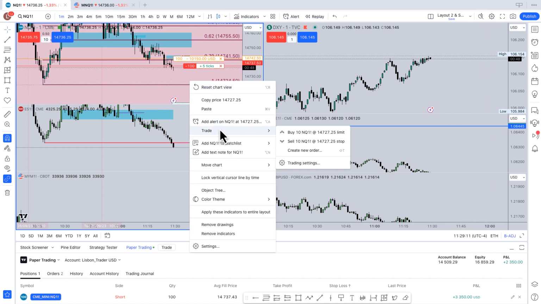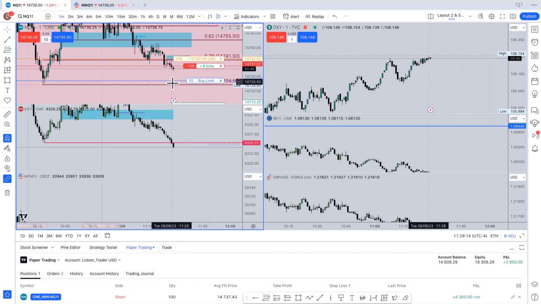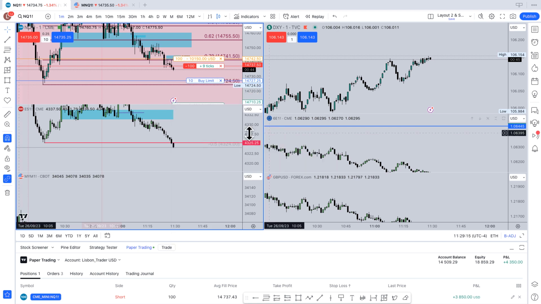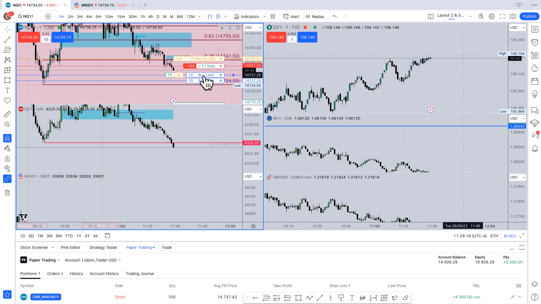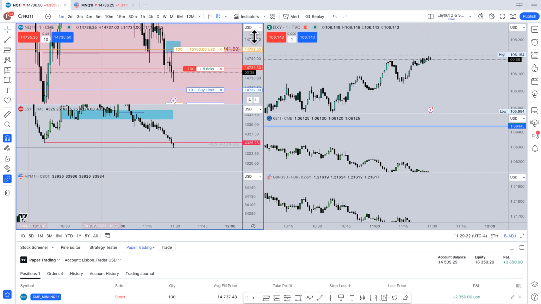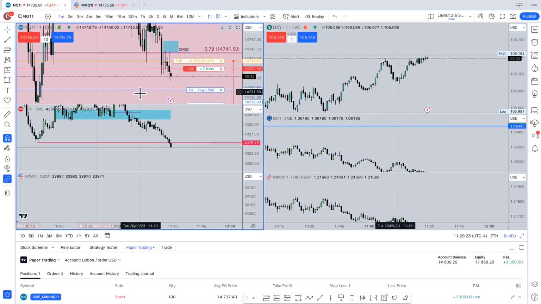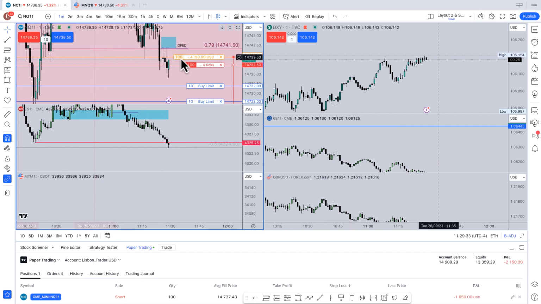So we take some profits around here, which is one consequent encroachment of this week, another one there. So making some profits.